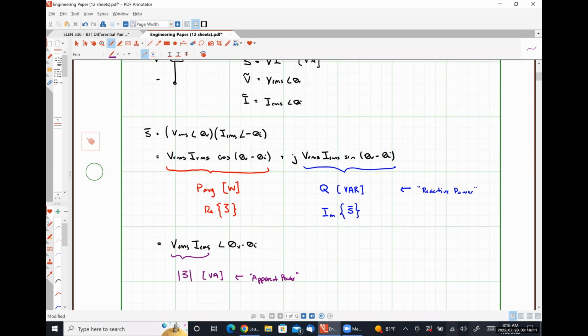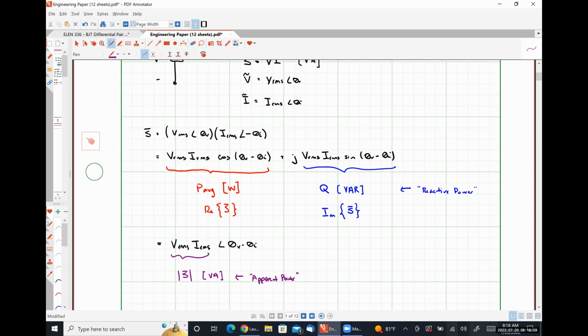Okay, so the quantity of apparent power is what most electrical systems are designed towards. The apparent power is used to determine what size of conductors are needed for specific projects based on the RMS current draw, things like that.